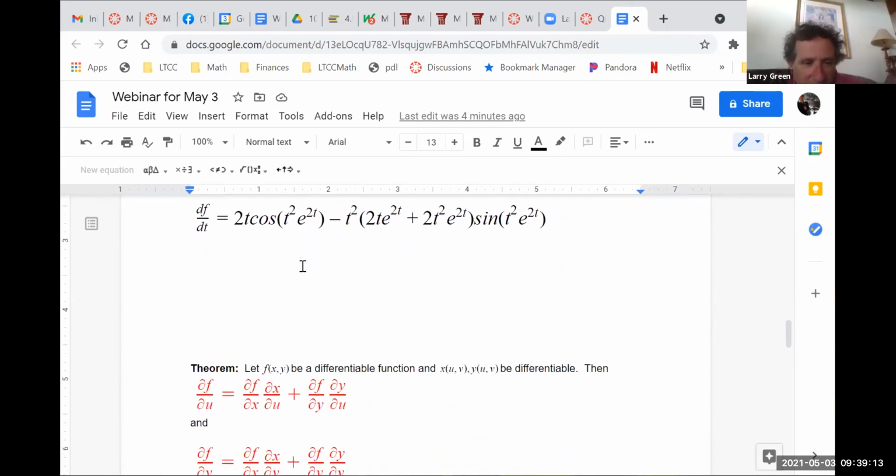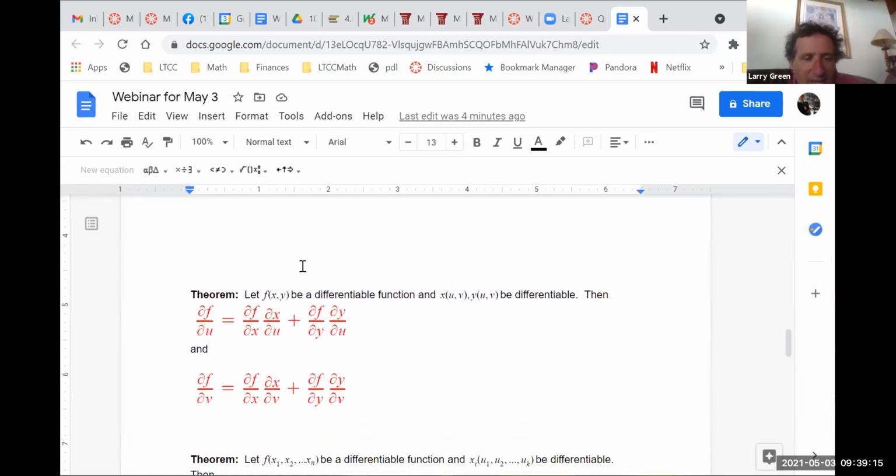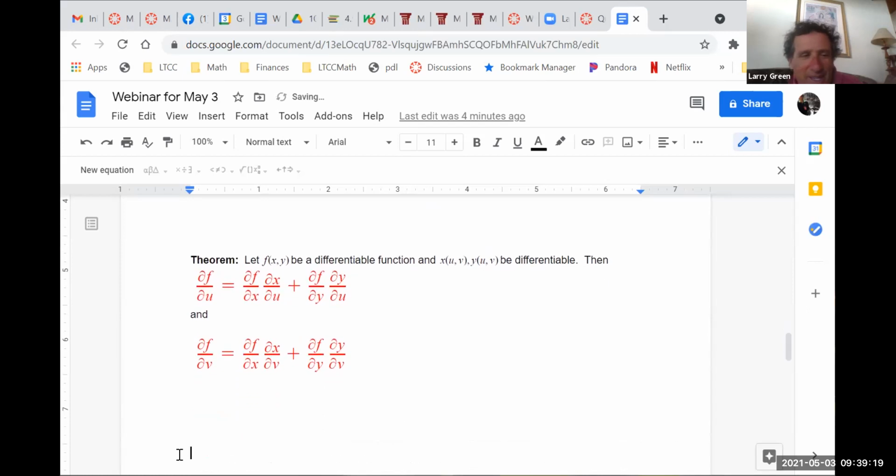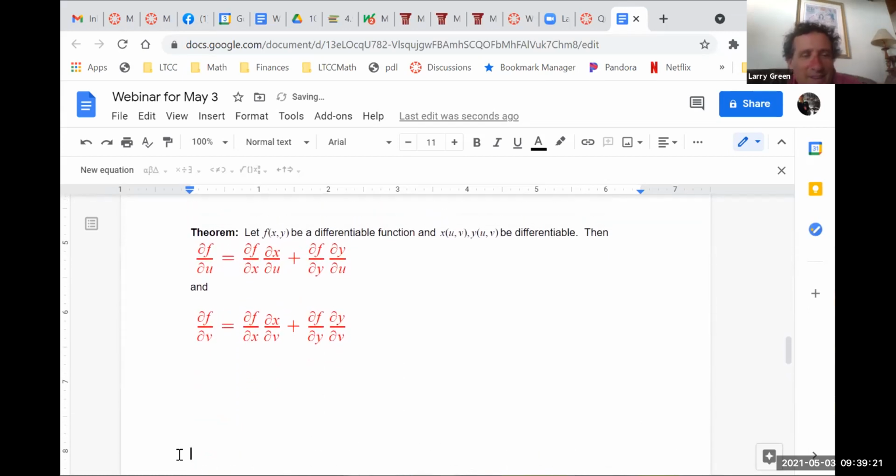So here it is. And I shouldn't even say here it is. Here they are. Because the problem is you have all these different variables, so we have a derivative for each of them. So here's the big theorem.